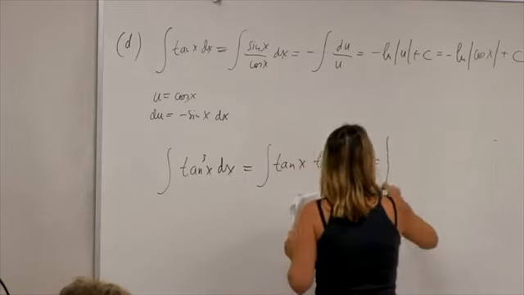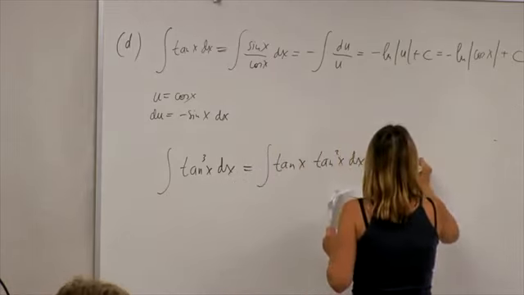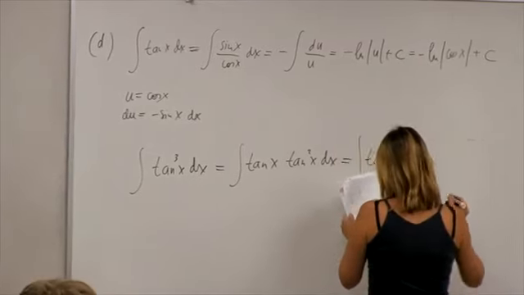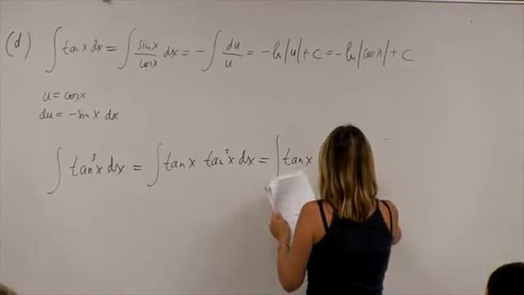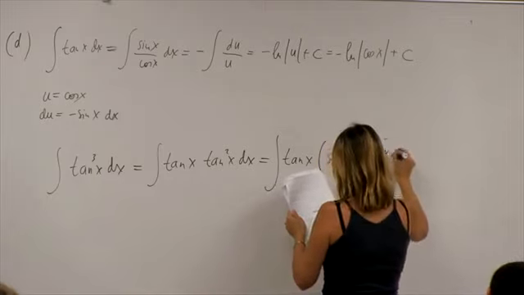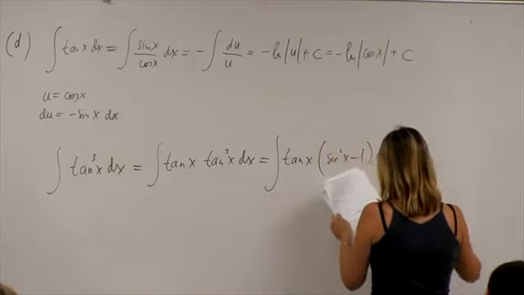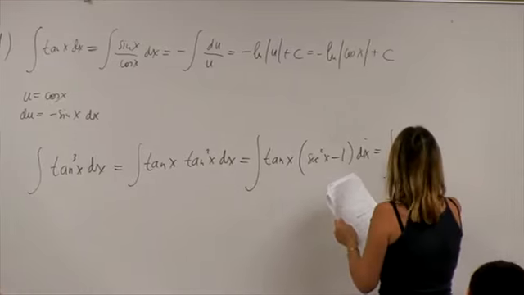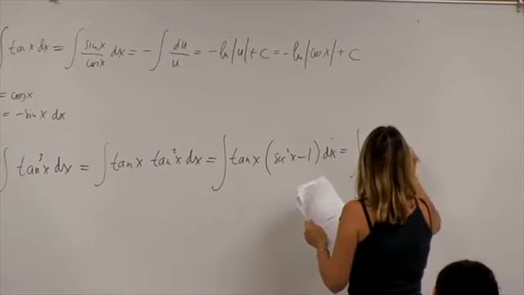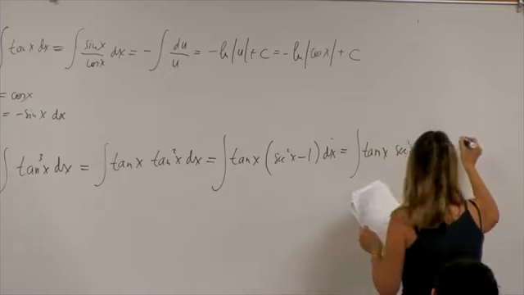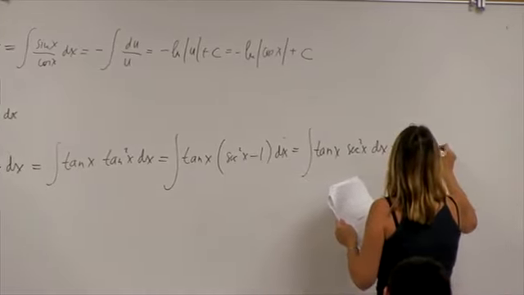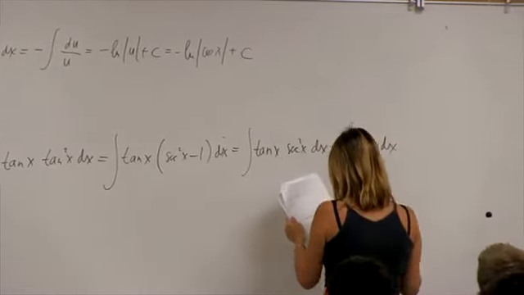And for this one, we're going to use the identity where we express it in terms of secant. And now we open the brackets. Tangent x secant squared x dx minus tangent x dx.